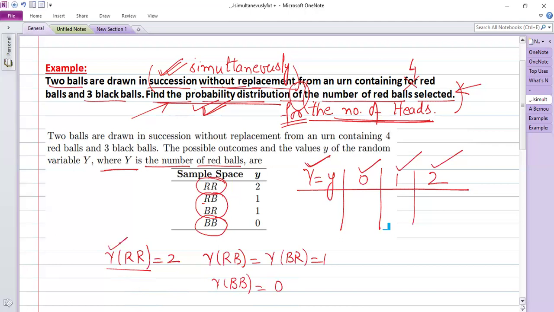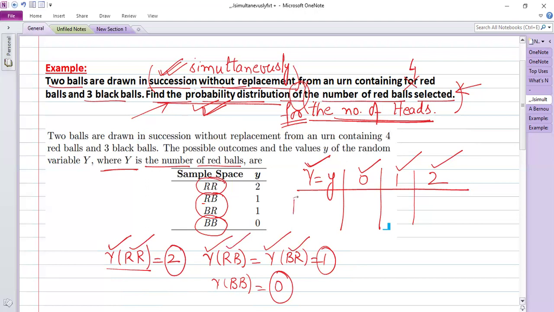So this random variable Y is associating a real number with each element of the sample space.